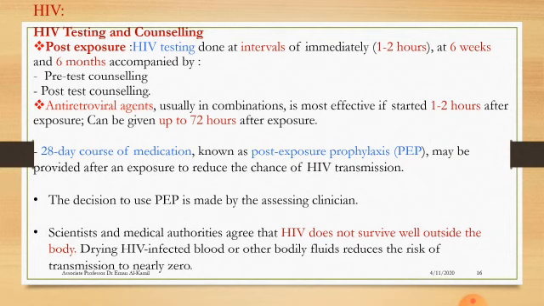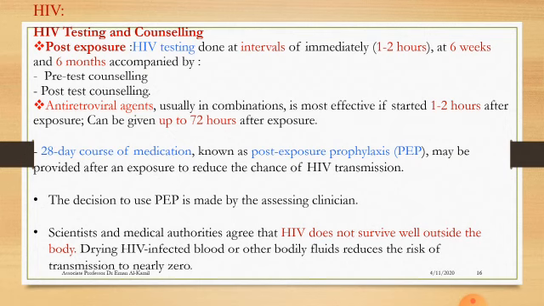So he has 3 tests: one immediately within 1 to 2 hours after the exposure, then after 6 weeks, and this is followed by a 6 months test for the virus. So he should have pre-testing counseling and post-testing counseling.